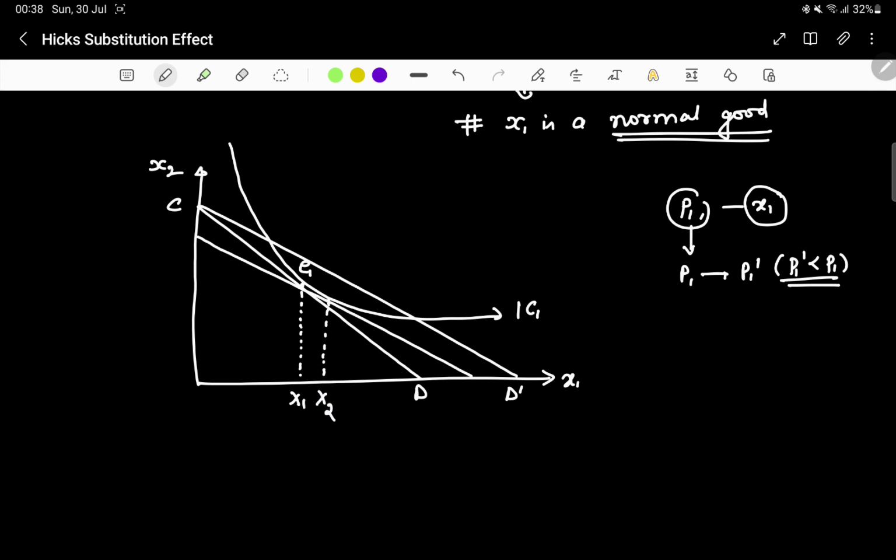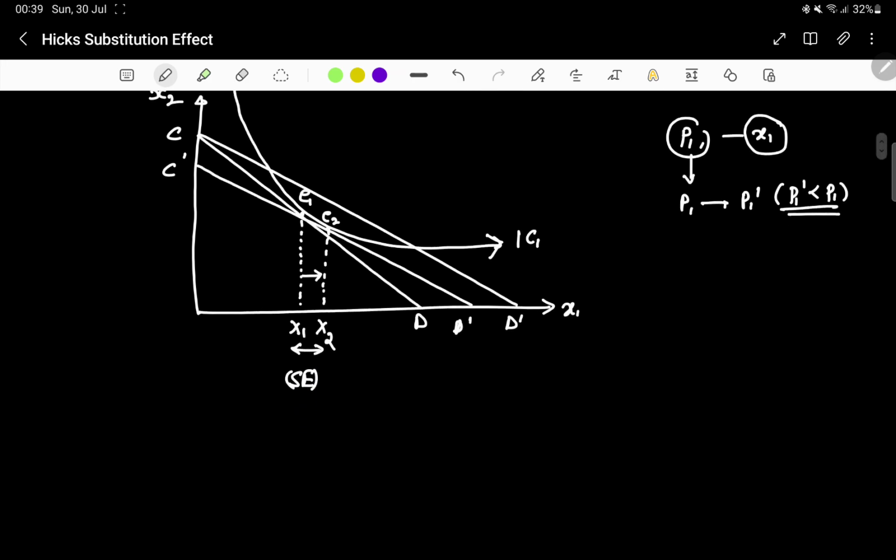Let me call it x2, and this is e2. At e2 you can see my new budget line, that is C dash and D dash, is such that they are able to afford the bundle lying on the original indifference curve.